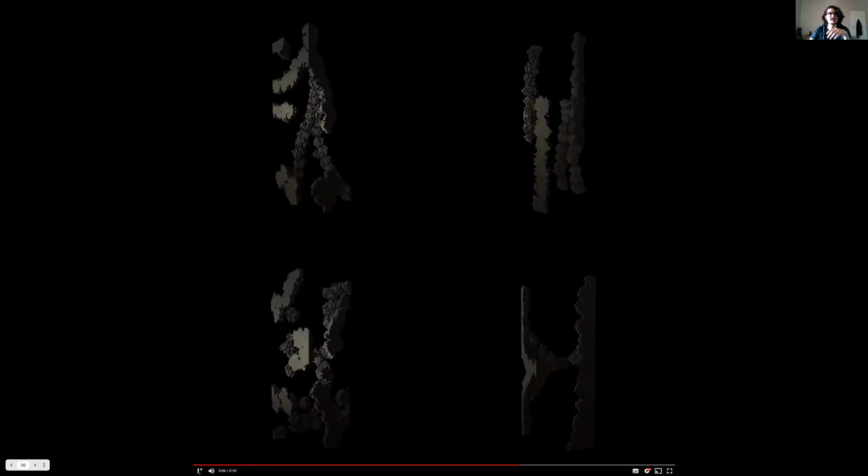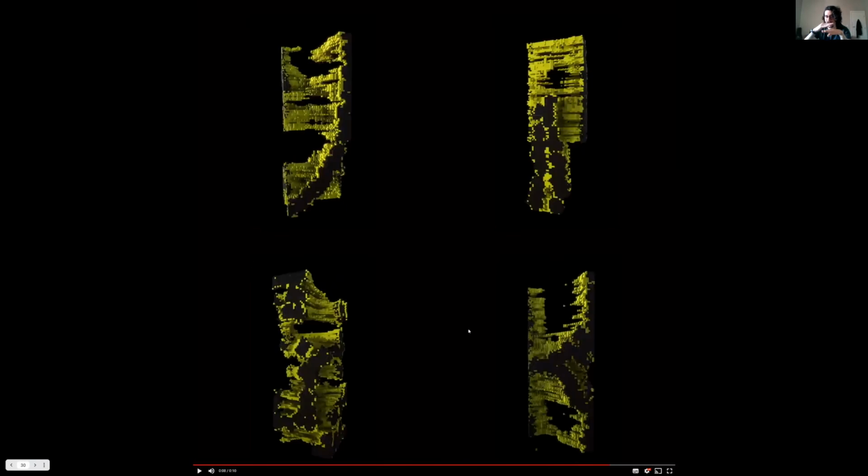So what you see here at this point is that every layer was turned into an image, and this image was passed through pix2pix to generate the connections between those two. So every green yellowish voxel that you see here, those are the ones that have been generated through pix2pix.